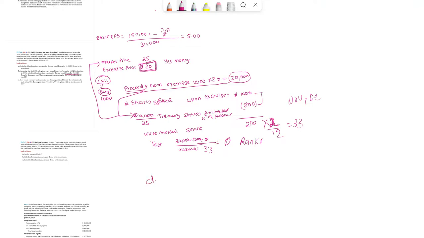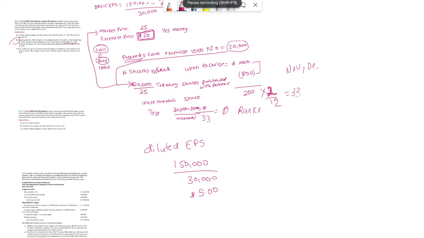So when you're asked to do diluted earning per share, our basic is 150,000 divided by your 30,000, which gives you $5 per share. Then we can calculate diluted: 150,000 plus the 0 at the top.